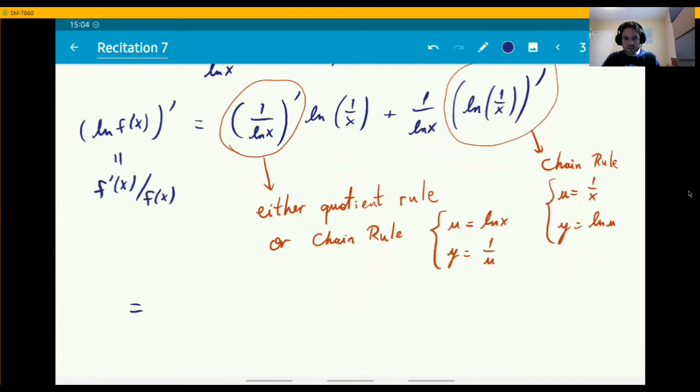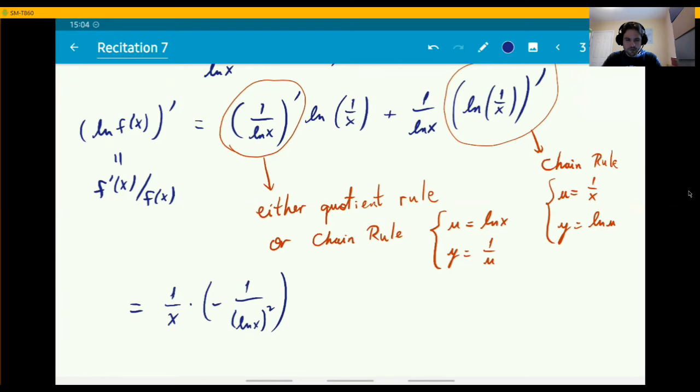The first one, if you're going to do this by the chain rule: the derivative of ln x is 1 over x, and the derivative of the outer function, which would be 1 over ln x, would be minus 1 over that squared. The derivative of 1 over x is minus 1 over x squared.